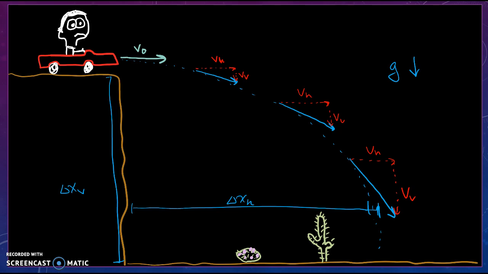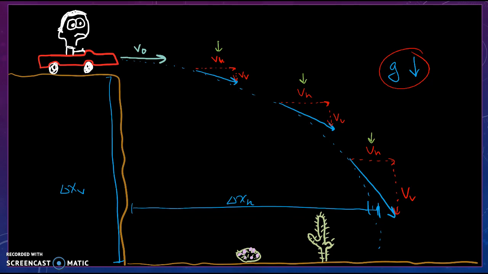Now, if this was to scale, it might be a little bit easier to see, but since our acceleration is in the vertical direction, this horizontal component will not change. Acceleration is a change in velocity.